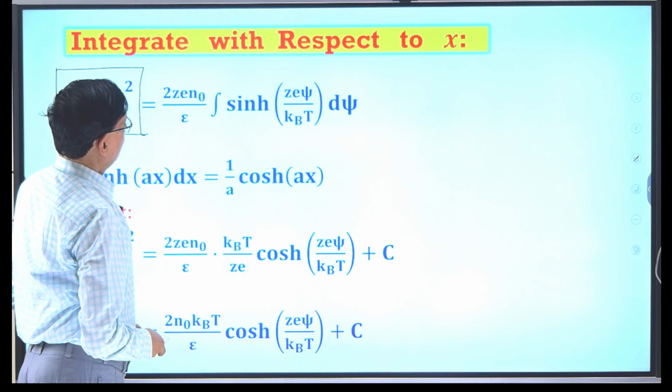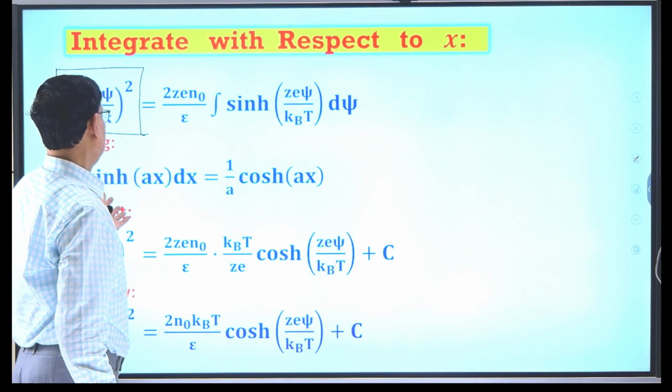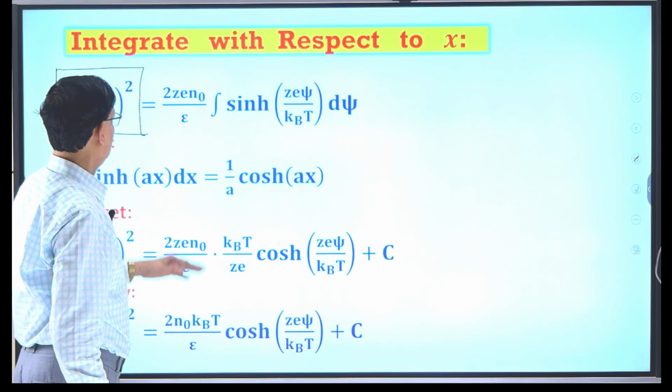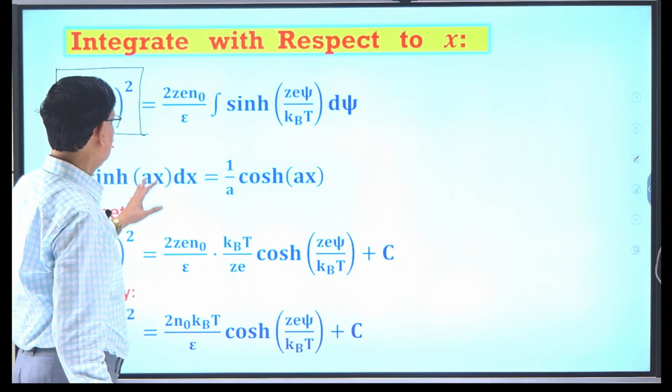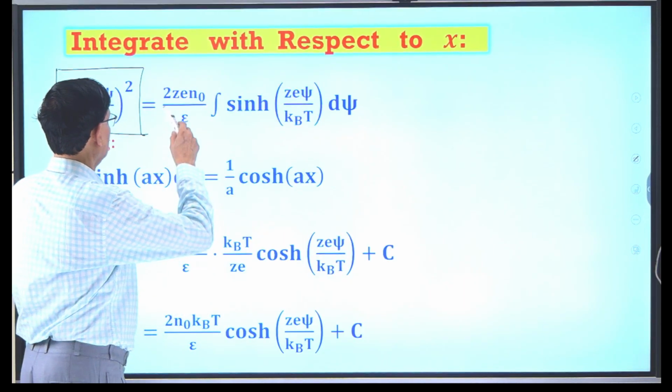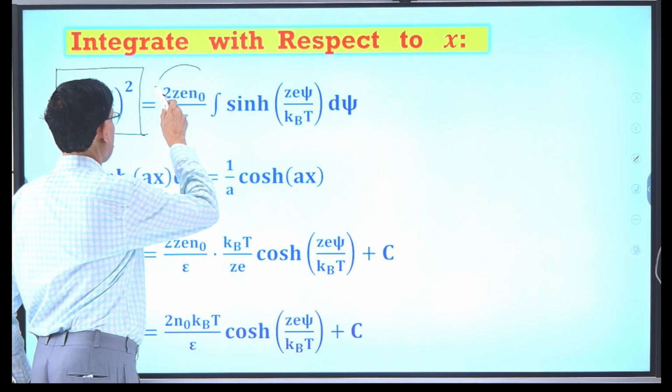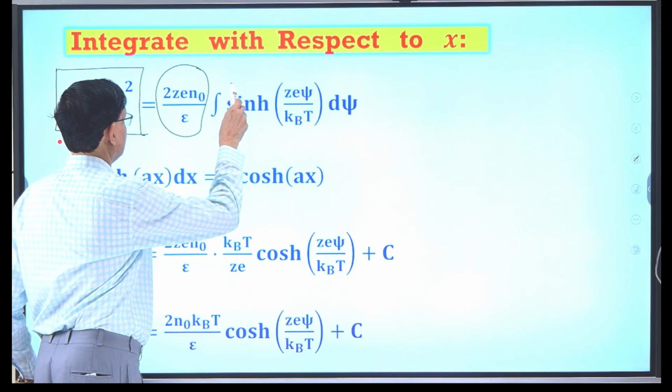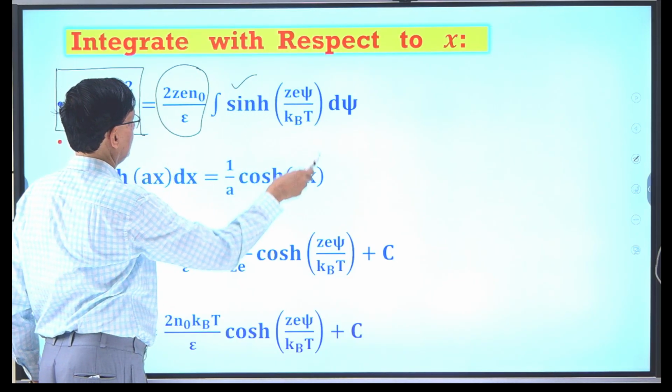Now again, you know that integration of sin x is equal to cos x, like that. But here these are constant, तो इसको हमने बाहर रखा. Sin h, this thing.